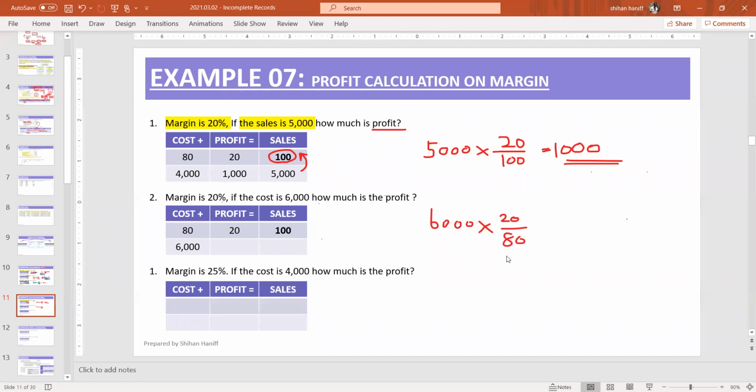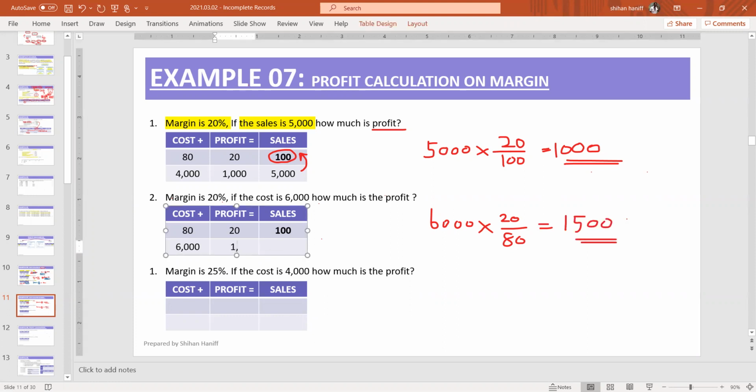So 6,000 divided by 4 is 1,500. Profit is 1,500. Sales is 7,500.